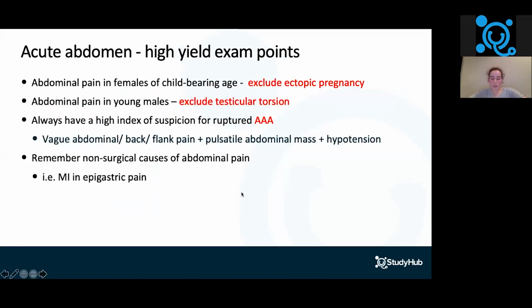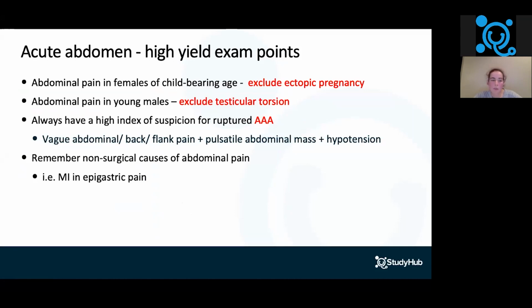In terms of key points for your exams, any female of childbearing age presenting with abdominal pain, it's essential that you exclude an ectopic pregnancy, so they all need to have a beta HCG. With abdominal pain in young males, it's really important to exclude testicular torsion, and you should always have a really high index of suspicion for a ruptured AAA.